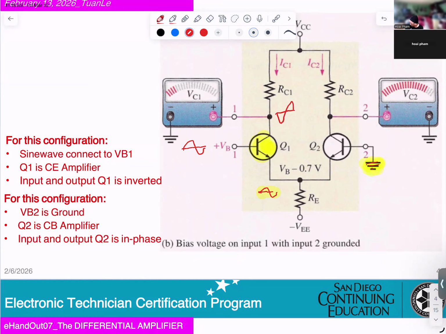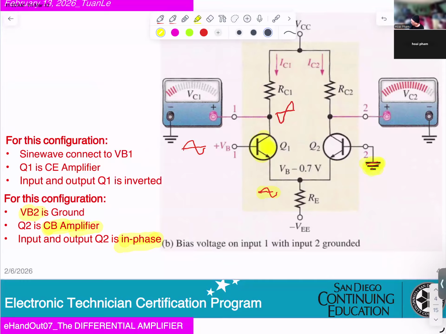Okay? So for this configuration, VB2 is grounded. Okay? Q2 will be a CB amplifier. Input and output of Q2 will be in phase.